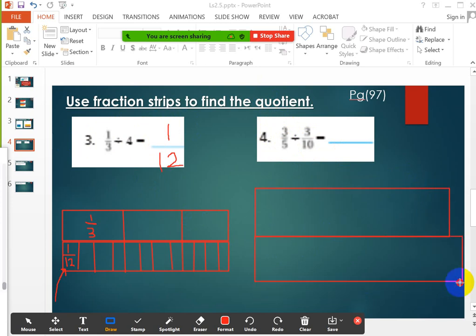This is the model. Okay? This is the fraction strip. And I want to represent 3 over 5 here. 3 over 5 means I will divide the whole into 5 equal parts. So let's draw 5 equal parts.